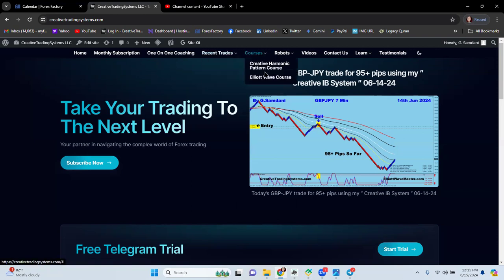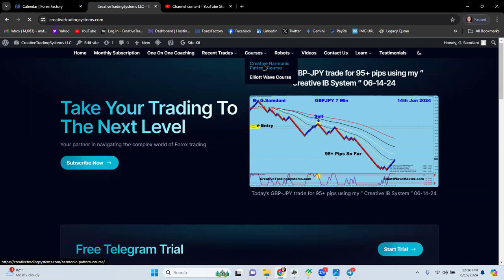The one I just showed you, that is how I traded Euro USD for 115 pips and Pound Yen for 70, the other one going up for 95 pips, and the third one going down for 95 pips. 3 trades in 2 days, 260 pips from one pair, because of that harmonic pattern.